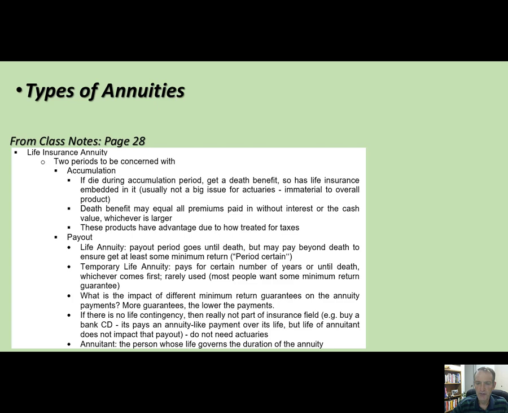And if you want to convert that into some type of pension plan, some type of annuity, you would have to put it in a life insurance company and have the payout come from there. So the life insurance industry is the only industry that can do payout annuities, with the exception of company pension plans and Social Security. So with the accumulation product, you really don't need a life insurance company to do this.